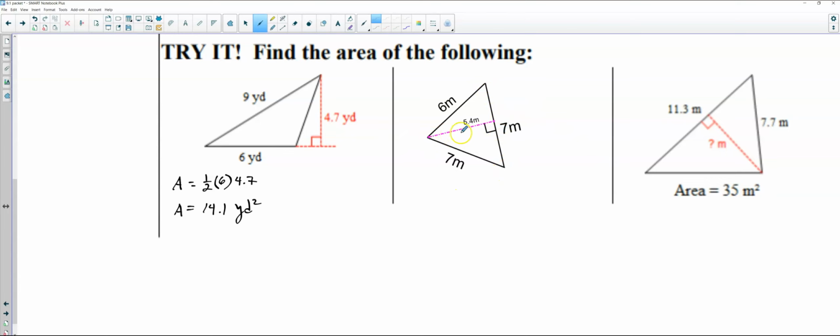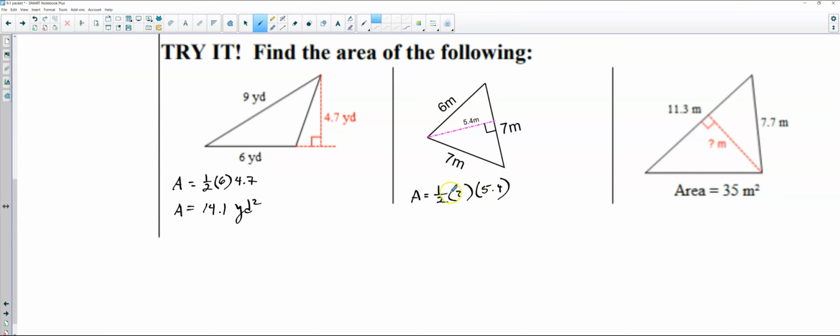Notice the perpendicular line. It's the height. This one right here is my height. It's perpendicular to the base. So my base is 7. My height is 5.4. So again, I use the formula. The area equals 1/2 the base, which is 7, times 5.4, or 5 4/10.